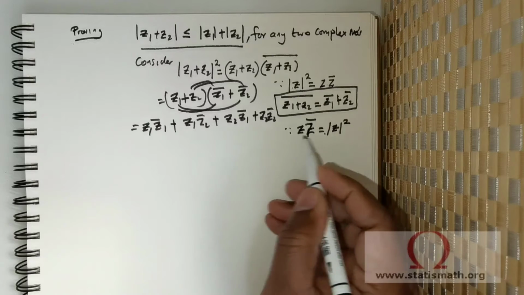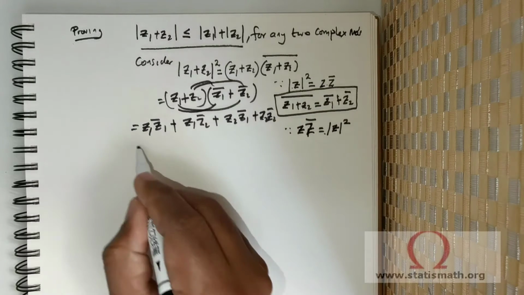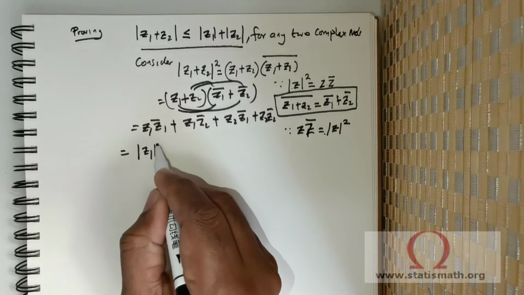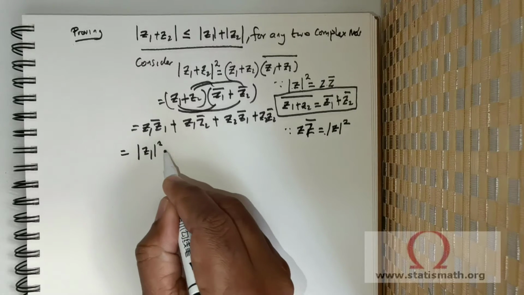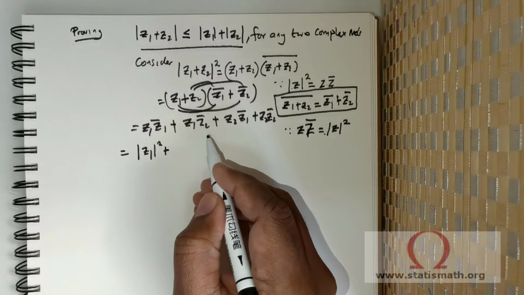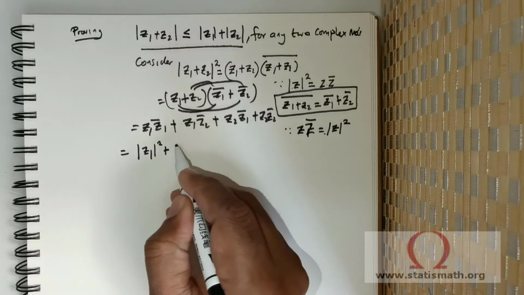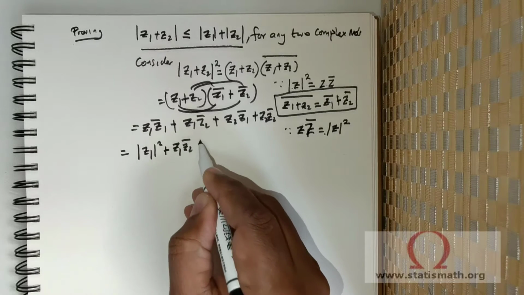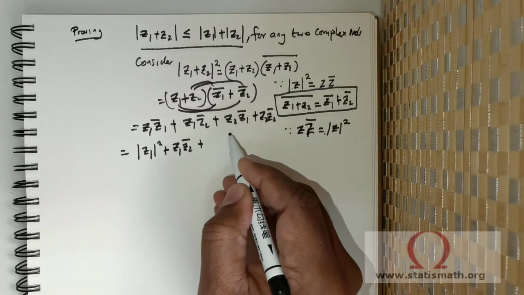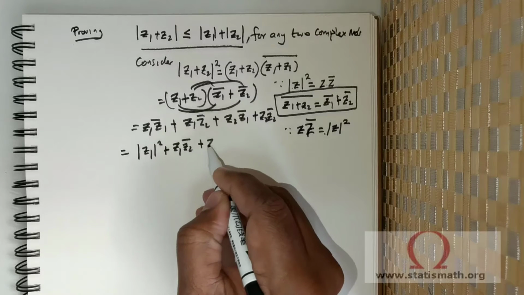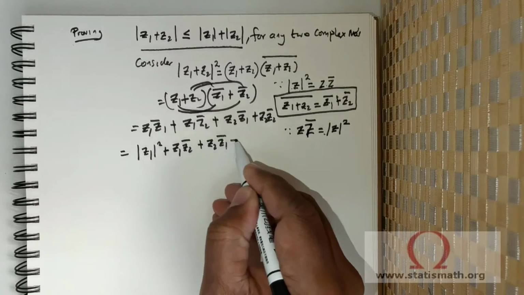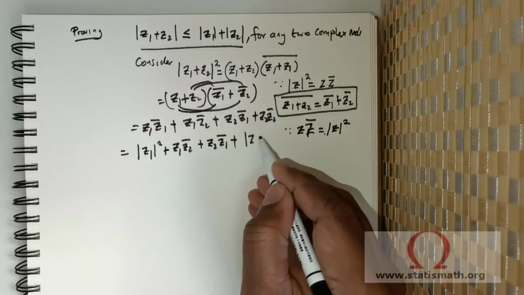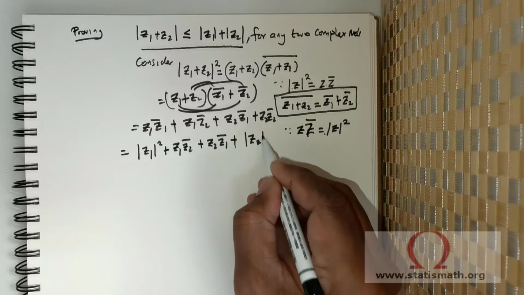Now, using this property which we have just studied, this can be rewritten as modulus of z1 squared, added with, I'm not going to touch anything here, I'm just going to retain it, z1 multiplied with z2 bar, plus, retaining this as it is, z2 with z1 bar, plus z2 multiplied with z2 bar, so this is going to be modulus of z2 raised to the power 2.